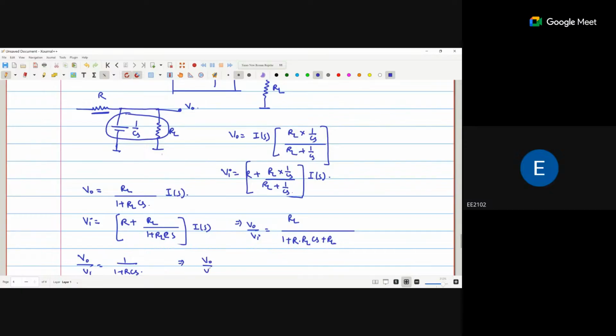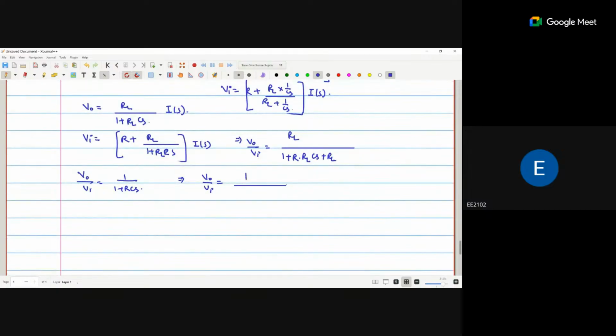So V naught upon VI, if I divide the numerator and denominator by RL, is 1 divided by, RL divided by RL is 1, plus this term divided by RL, so RL and RL cancel out, that is 1 plus RCS plus 1 by R. So this term is the same, only the 1 plus RL term will be included.